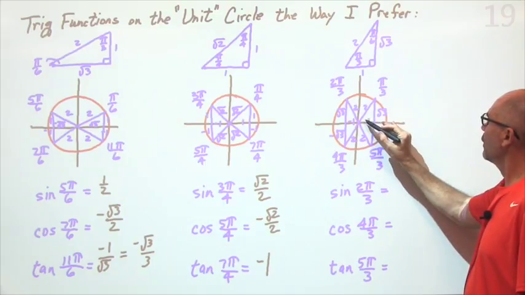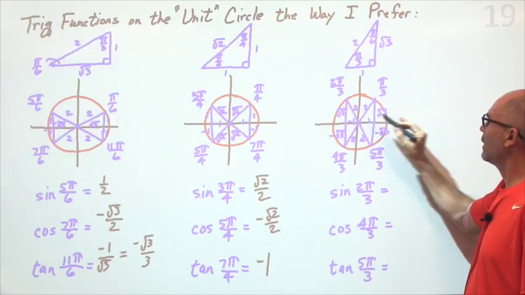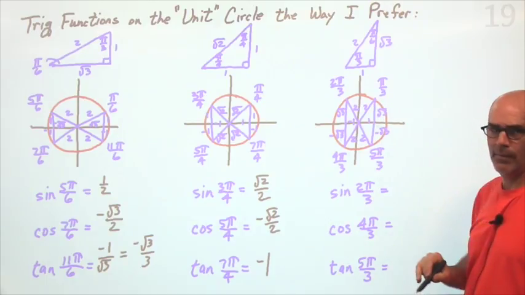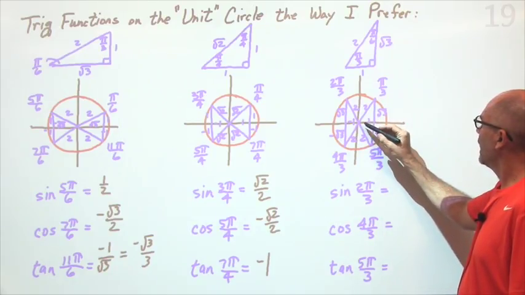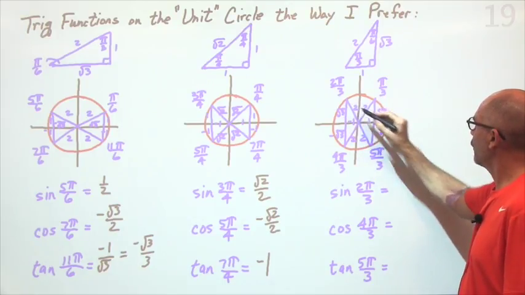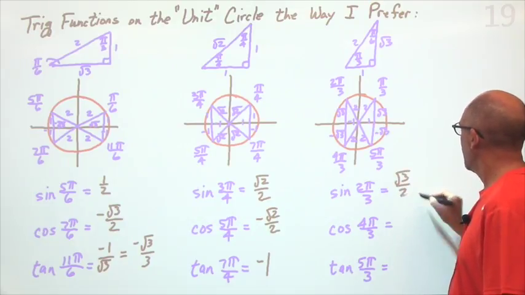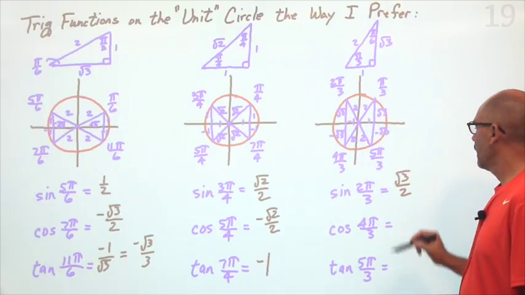So that means our 60-degree angle, or our pi over 3 angle, is the internal angle, and that makes the long legs vertical. So sine of 2 pi over 3 is going to be the square root of 3 over 2, opposite over hypotenuse. So square root of 3 over 2. Notice once again sine is positive because it's up.